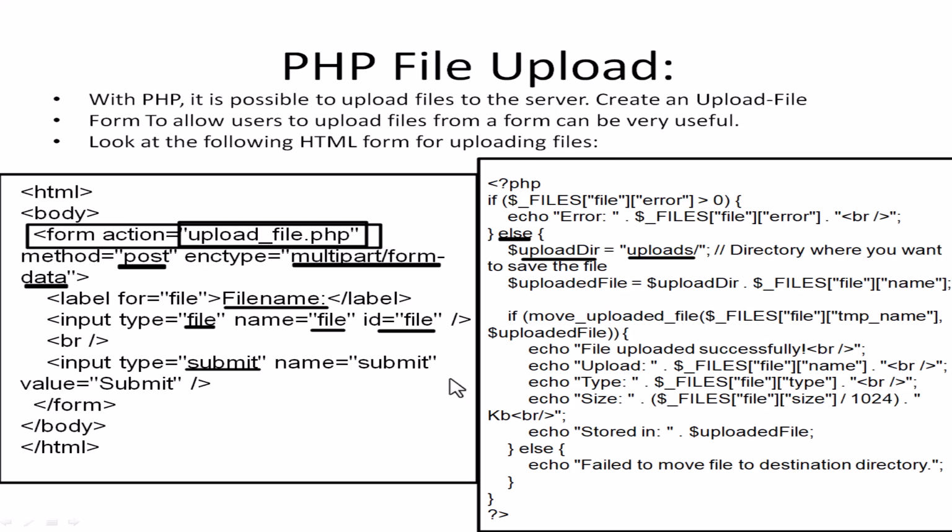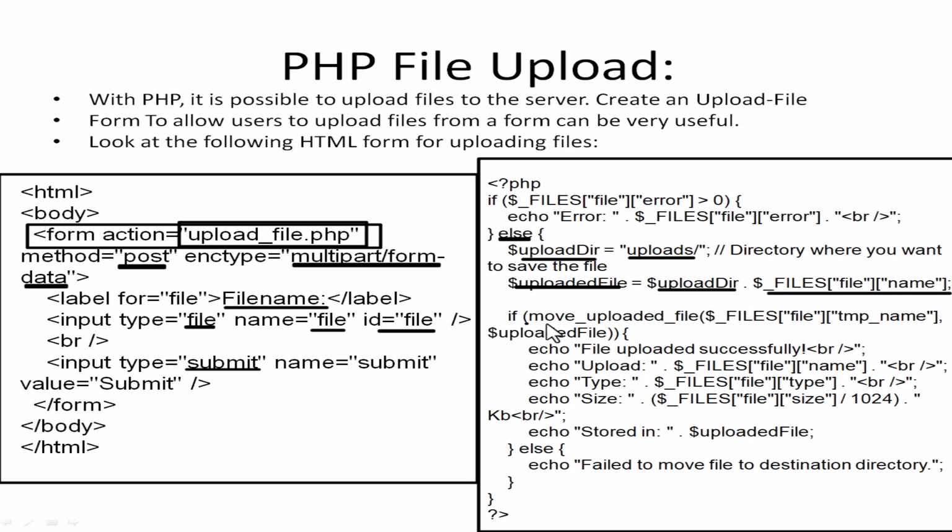It will be saved under the directory uploads. Next, uploaded file equal to the upload directory appended with the file name. So a particular folder will be having a file and you are going to upload a particular file name.